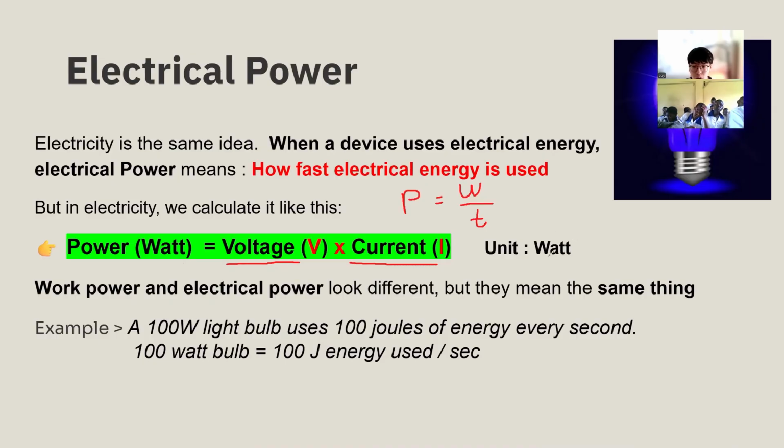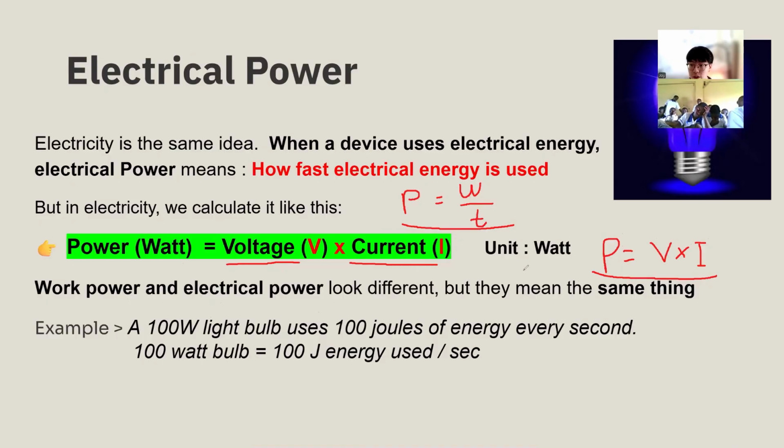So another equation for power, strictly for electrical purposes, is P equals voltage times current. So the work power and electrical power equations look different, right?